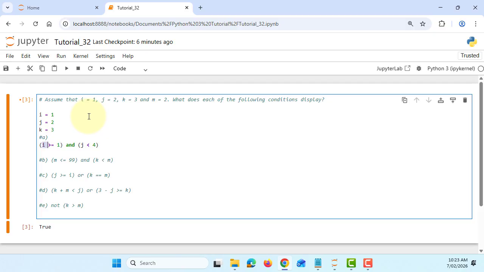So 1 greater than or equal to 1, that is not true or true. Well, this part is not true. Okay, 1 is not greater than 1. But here, 1 equal to 1, so it's true.